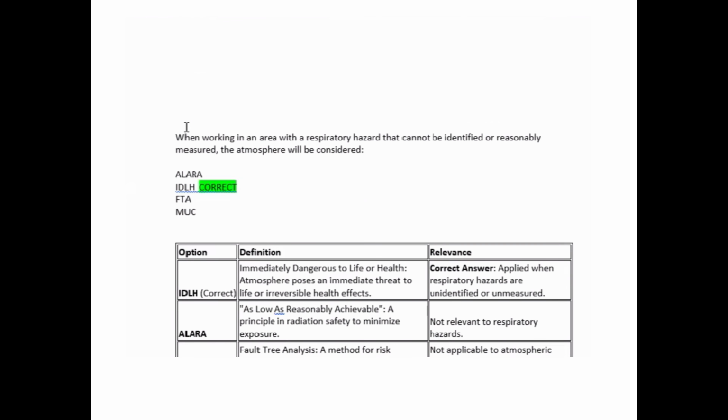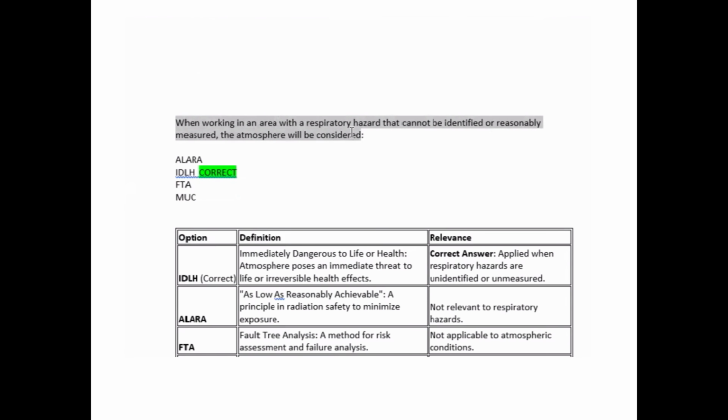When working in an area with a respiratory hazard that cannot be identified or reasonably measured, the atmosphere will be considered what? This is a very easy question. For example, you are working in an area and you don't know what kind of atmospheric gases are present, or you have no measurement of the hazardous gas present, because the devices have not measured.